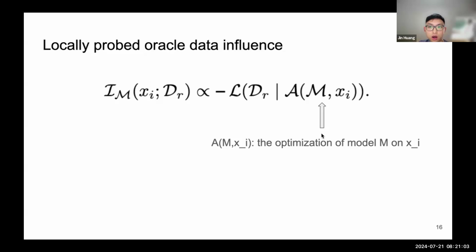I'm skipping all the math here, but I believe this is the most important takeaway, something that we can derive with a very similar mathematical derivation as the influence function. If you're interested, you can take a look at their original paper.